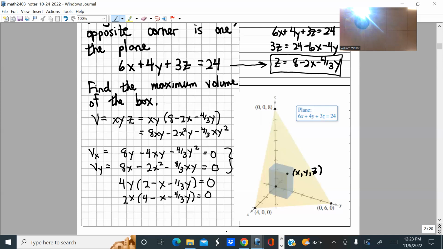See here you have a product that equals 0, right? So you get 4y equals 0, or all of this is equal to 0. And here you have 2x equals 0, or all of this is equal to 0.